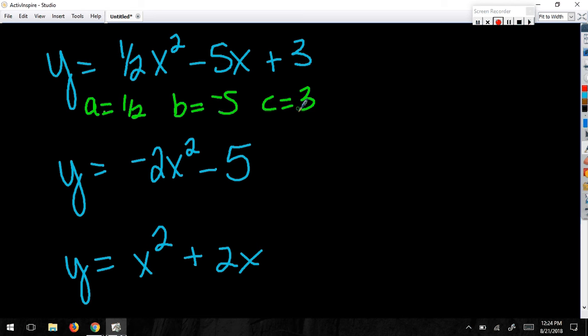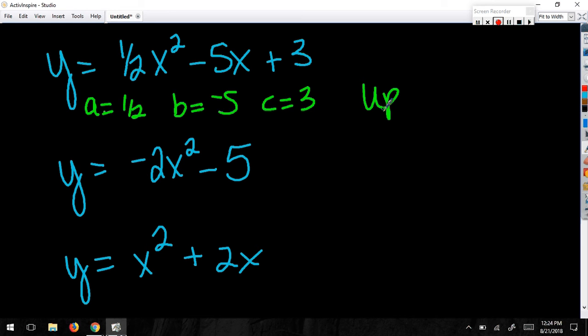Does that graph open up or down? Why? It's positive in front, which means it's going to open up. Skinny, wide, or average? Wide, because the smaller this number gets, the more it stretches the graph out.